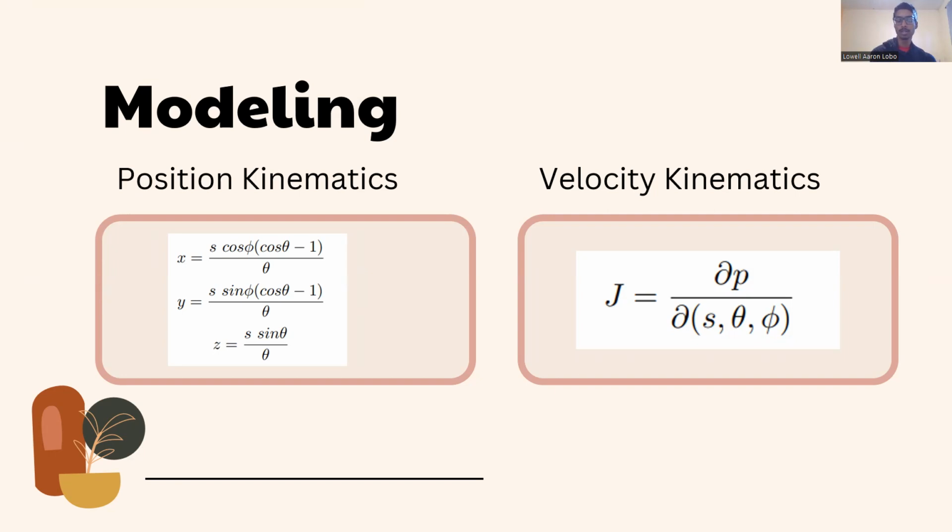Once we find the Jacobian, we can directly write the velocity kinematic equation: since P is our end effector position, the equation becomes P dot equals J, the Jacobian, times Q dot for now. So the velocity of the end effector is equal to the Jacobian times the velocity of the robot parameters.